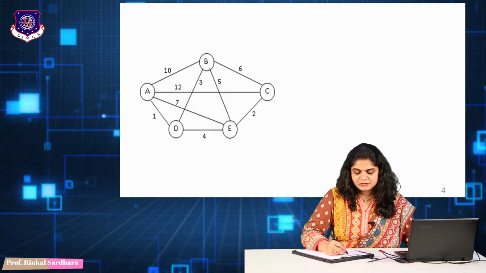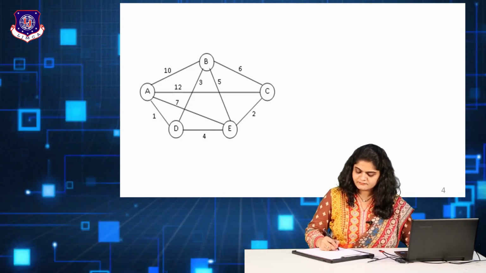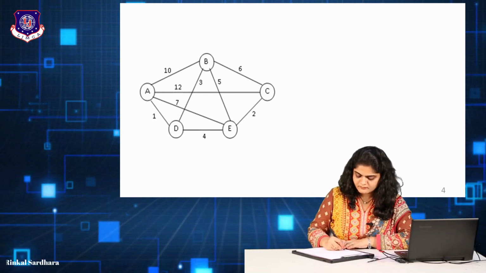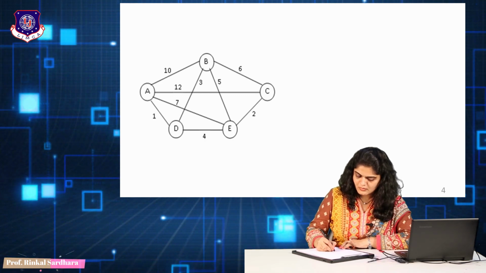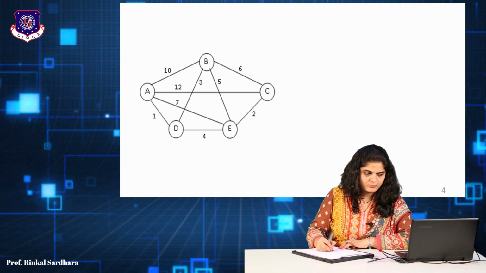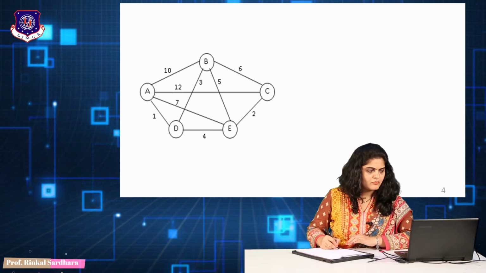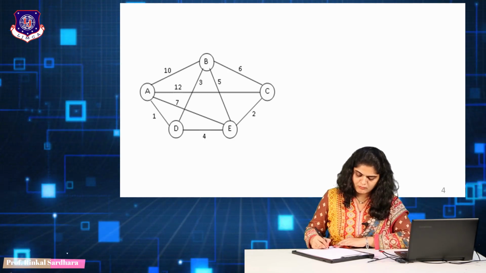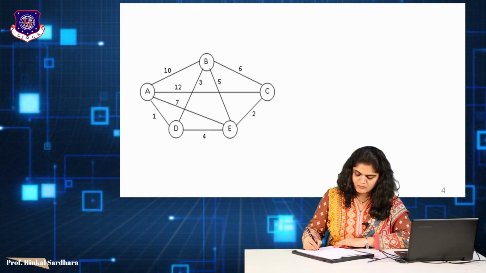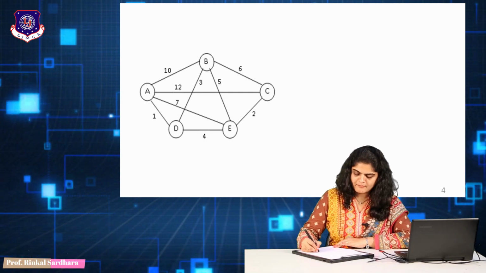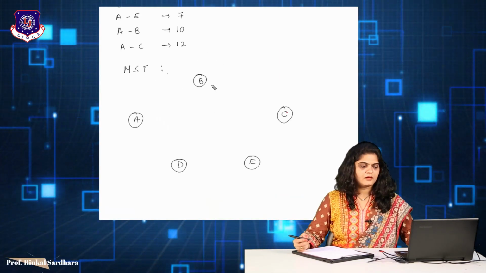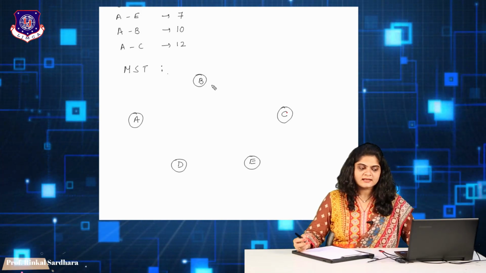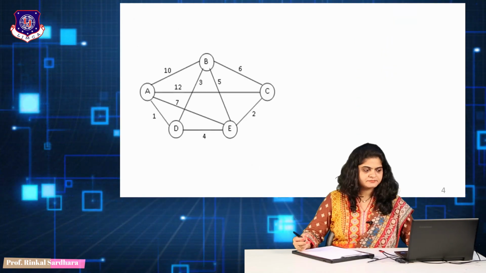The first edge is A to D. Select that edge, as right now we do not have any node in the minimum spanning tree. The minimum edge is A to D, so draw that edge into the minimum spanning tree.